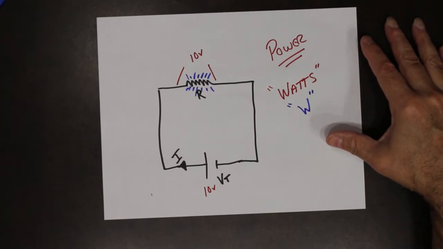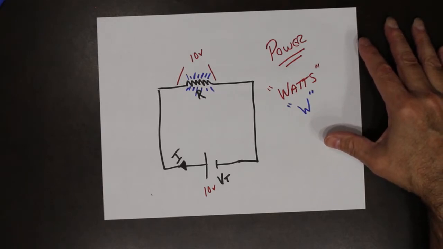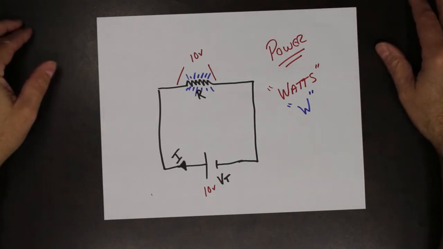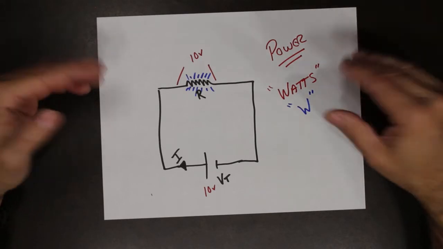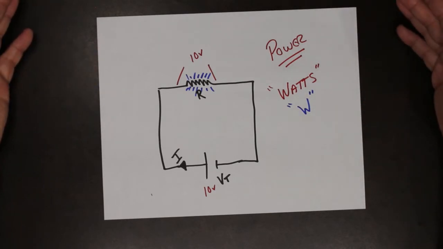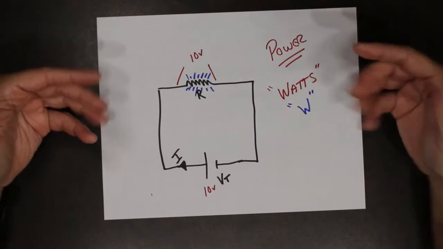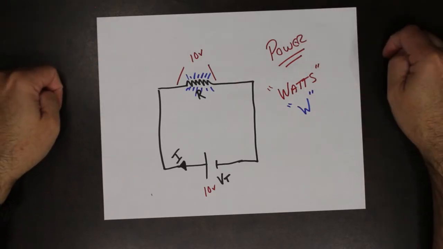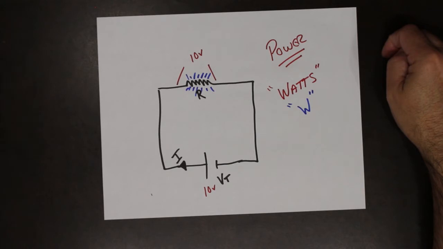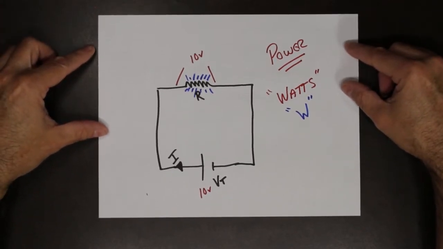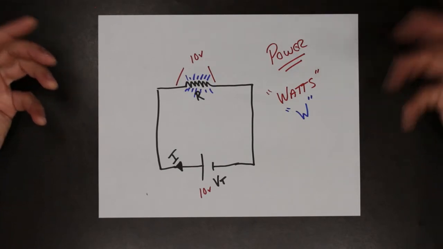So this leads to some issues. Every resistor in every circuit, as it's doing its job, is actually dissipating heat. It's dissipating power. How much power? How do we know when we have too much power?